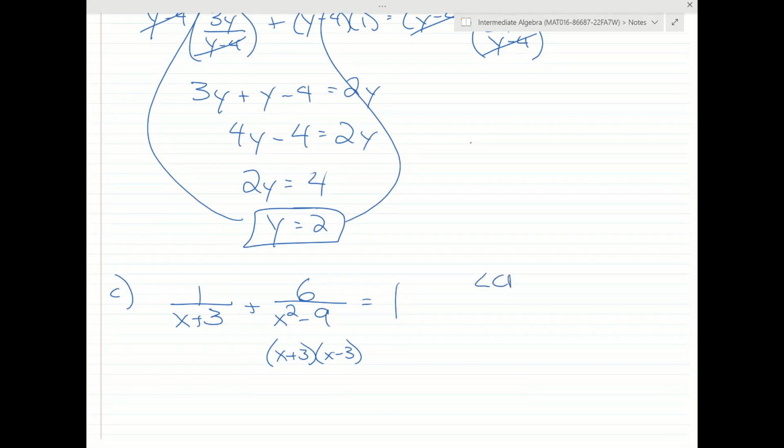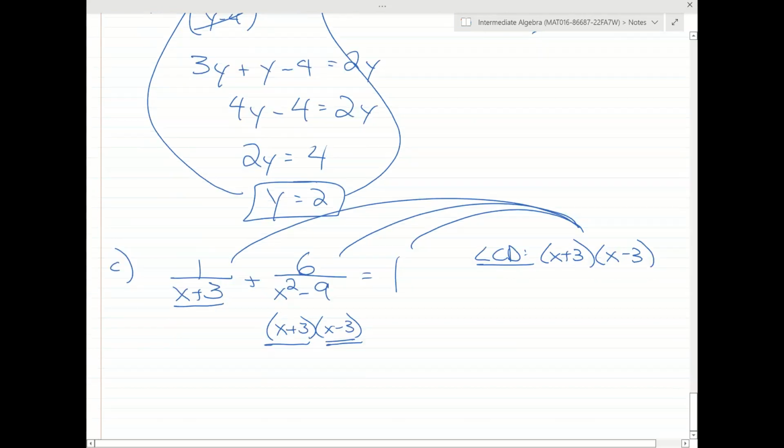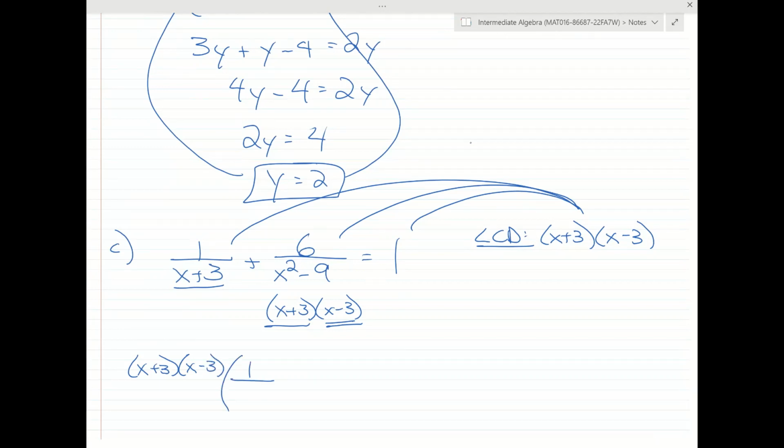And then what we do is multiply by our LCD, which definitely needs an x plus 3 in it. And we also need an x minus 3. And let's see what we get. This will be x plus 3 times x minus 3 times 1 over x plus 3 plus x plus 3 x minus 3 times 6 over x plus 3 x minus 3.